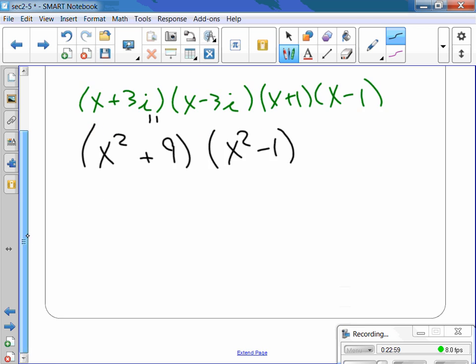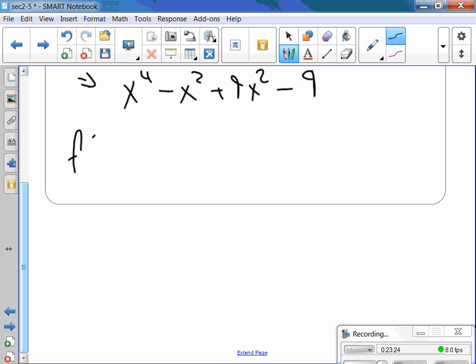FOIL out. X to the fourth minus x squared plus 9x squared minus 9, giving us a fourth degree polynomial, given the zeros: x to the fourth plus 8x squared minus 9.